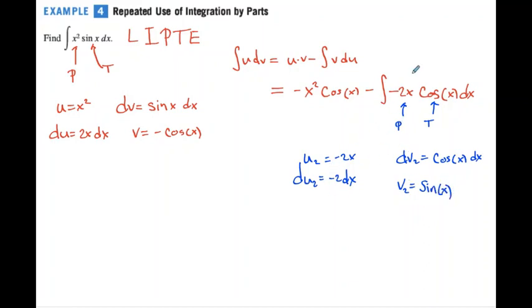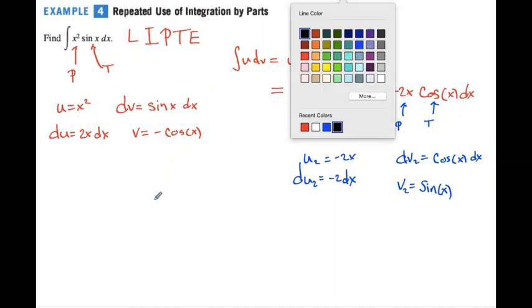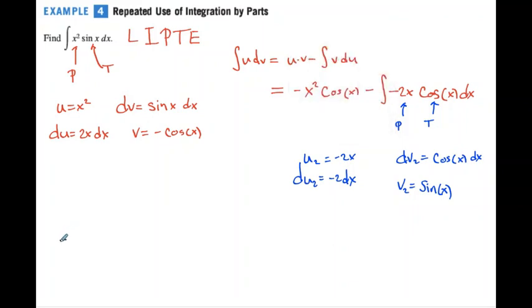And now we want to plug all of this into the next integral. So I started writing the negative x squared cosine of x minus, and now I have a big bracket here because this integral is going to be replaced with u times v minus the integral of v du.